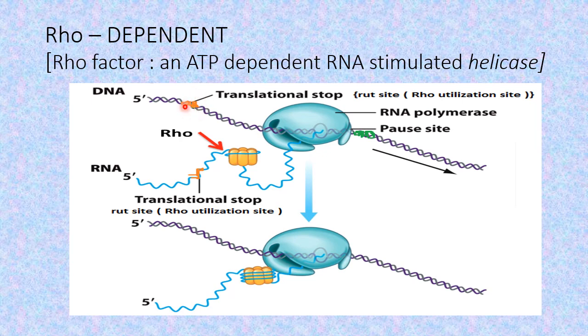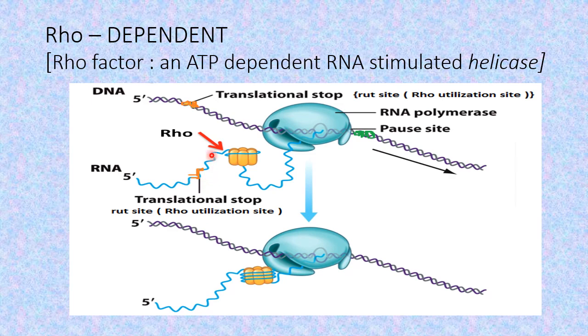So when transcription takes place at this RUT site and messenger RNA is formed. Now in prokaryotes, one more thing is there, and that is, as soon as this messenger RNA is formed, the ribosomal machinery starts the second process, that is the translation.